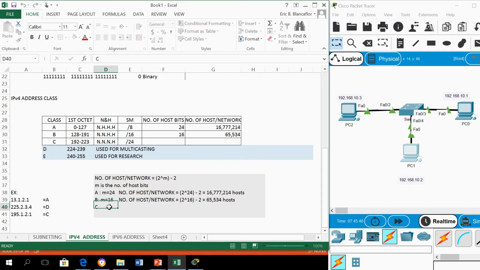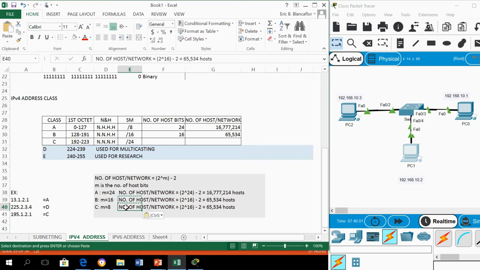So C has an M of 8. Applying the formula, that's 2 raised to 8 minus 2, and there are 254 hosts.